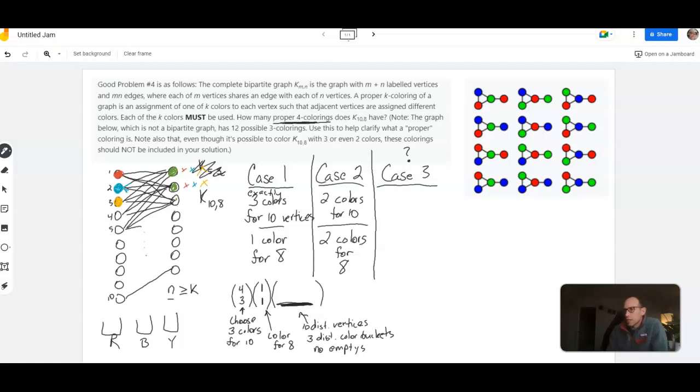The number of items is always less than or equal to the number of boxes. But you could also think of it in terms of if we have these as the boxes and these as the items, we have a system going on like this. So vertices 1 and 2 get colored red, 3 is blue, and each of these 10 are going to get put in a bucket. That would give us a specific coloring here.